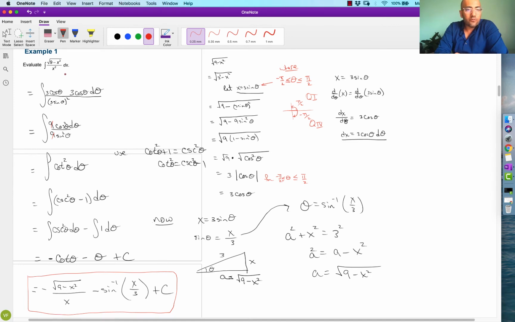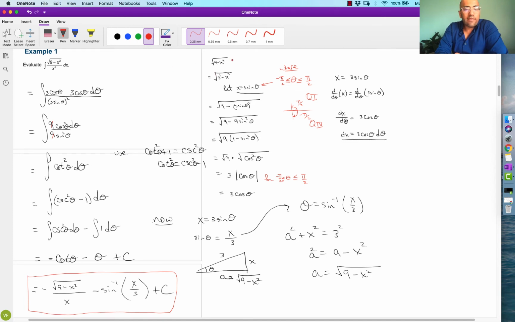Okay, so as a recap, we saw that we had a constant minus x squared, and then based on the suggestion by the author, this would be a great case to let x equal 3 sine theta because of the 9. 3 squared is 9. Its derivative is going to end up being dx equals 3 cosine theta d theta. So make sure we include the derivative dx into there.